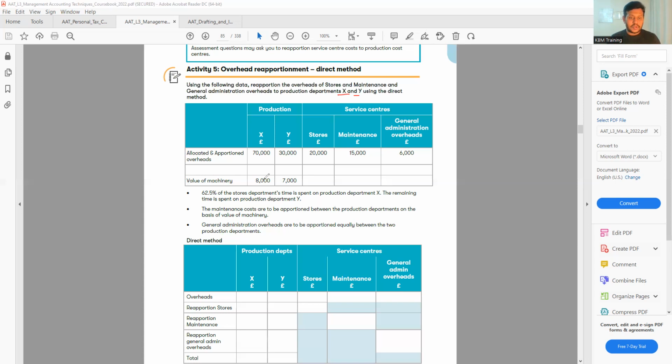The value of the machinery, they said, is 8,000 for X and 7,000 for Y. Let's try to understand now. This is 62% of the store department.